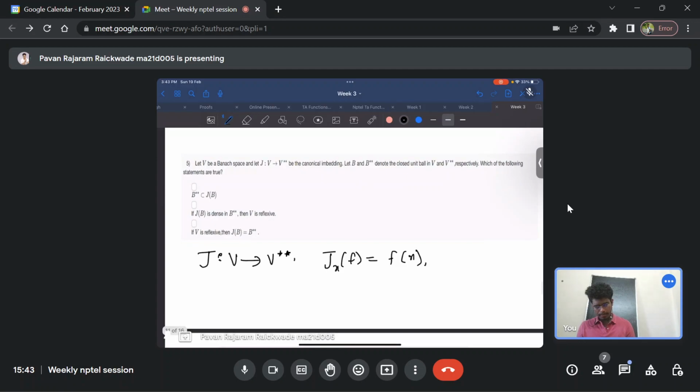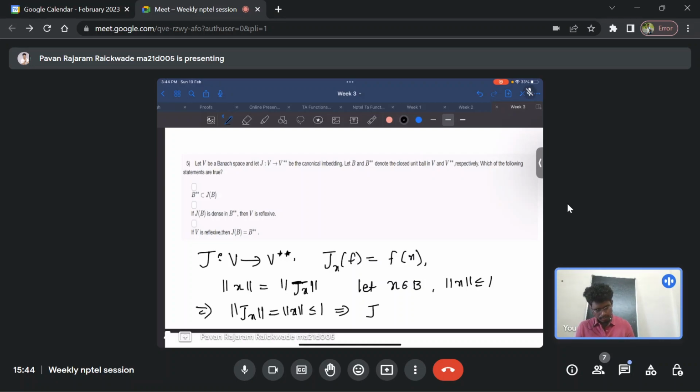Because of the isometry, this canonical mapping is also an isometry. Isometry means norm of x is the same as norm of Jx. So if you take any x belonging to B, the closed unit ball of V, then norm of x is less than or equal to 1, which implies norm of Jx will also be less than or equal to 1 because it is the same as norm x.